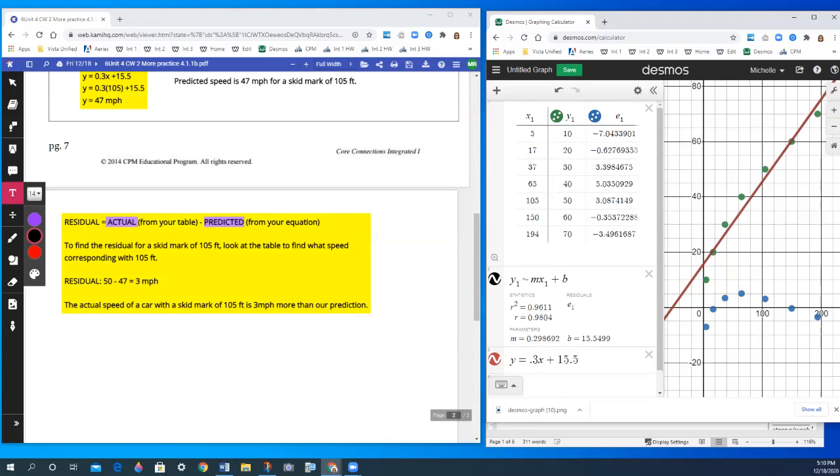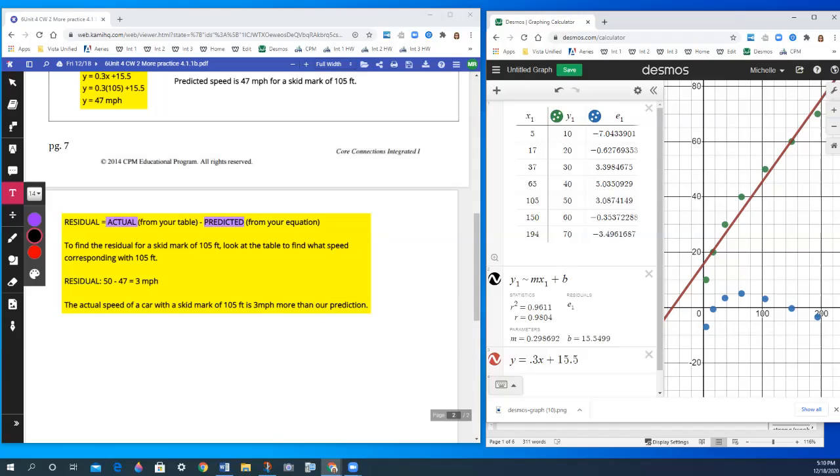So for a skid mark of 5, the actual was 10, which is 7 less than what we predicted. We predicted it would be about 17. For the 17-foot skid mark, actually it was 20. That was a little less than 1 from what we predicted.